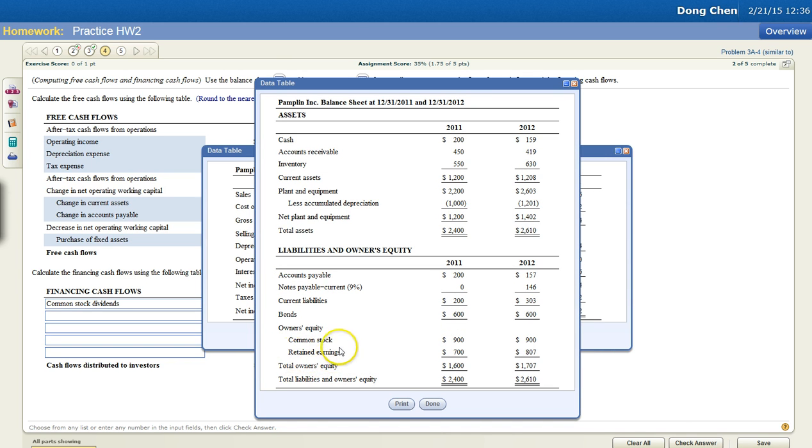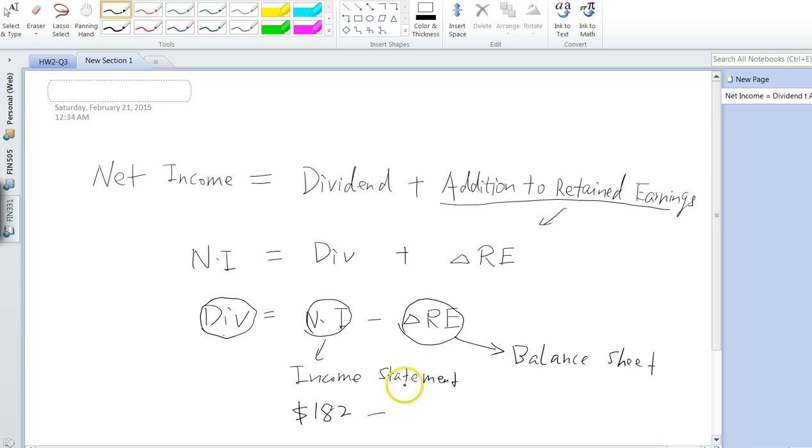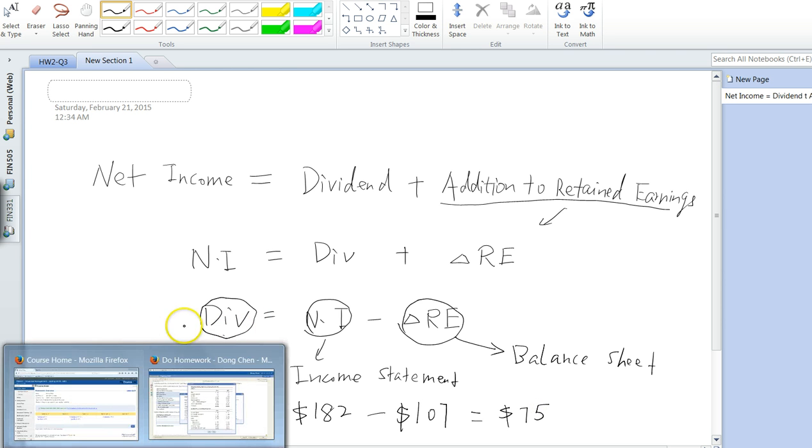Each number on a balance sheet is cumulative, so incremental means that it's the difference. So retained earnings going up from 700 to 807, so the incremental needs to be 107. Hence the dividend equals that, which gives me 75. So 75, that's the dividend.